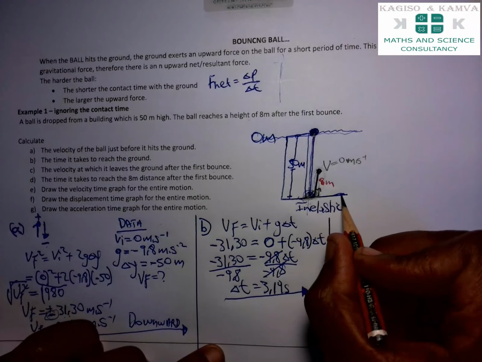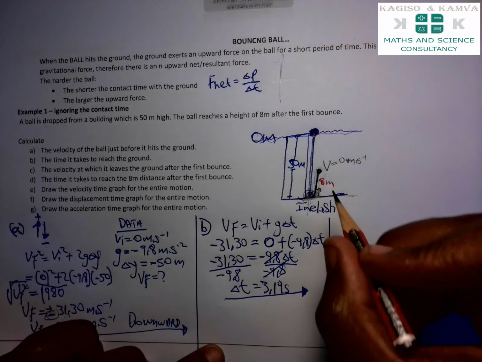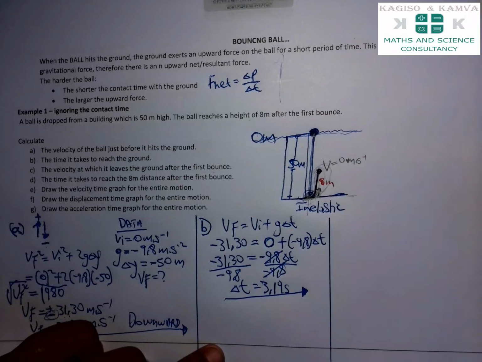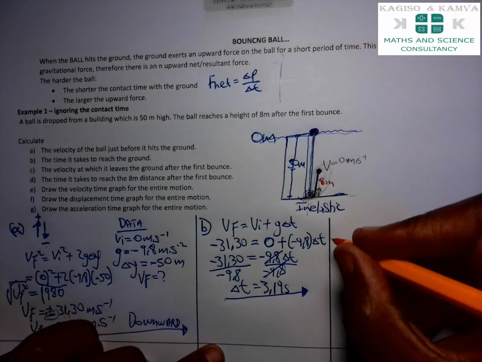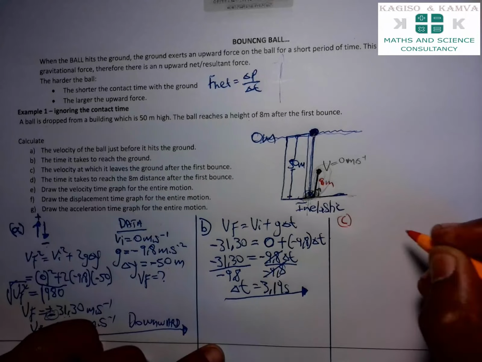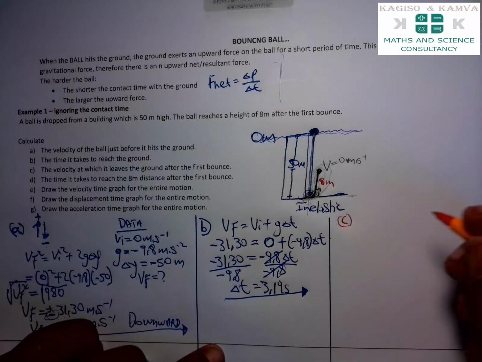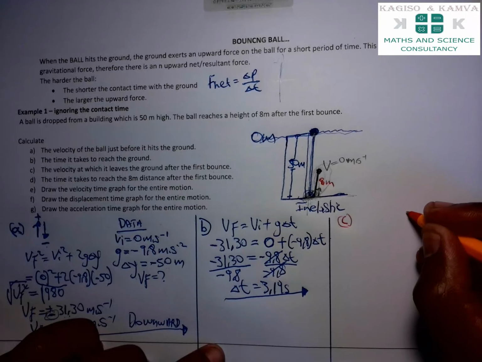So this is going to be our 0 reference point for the second projectile motion. So for C, let me collect my data.